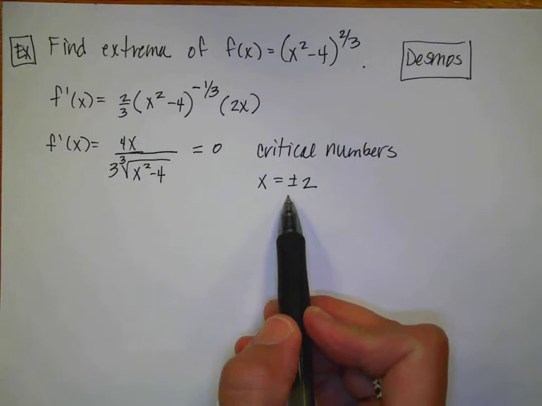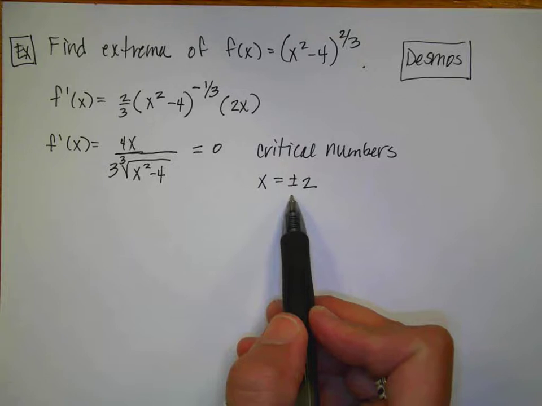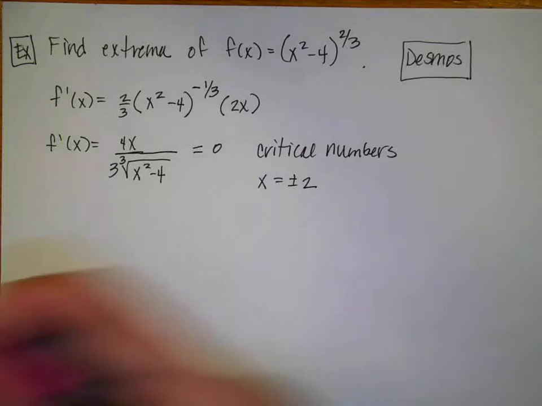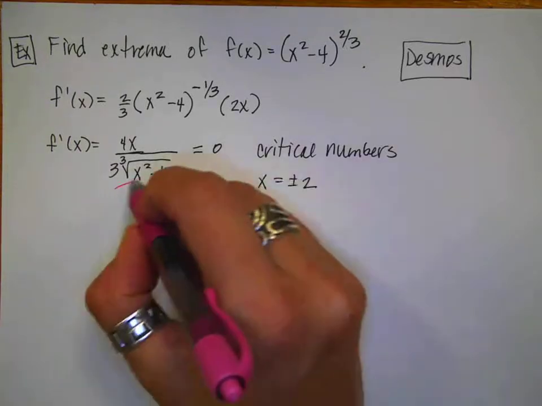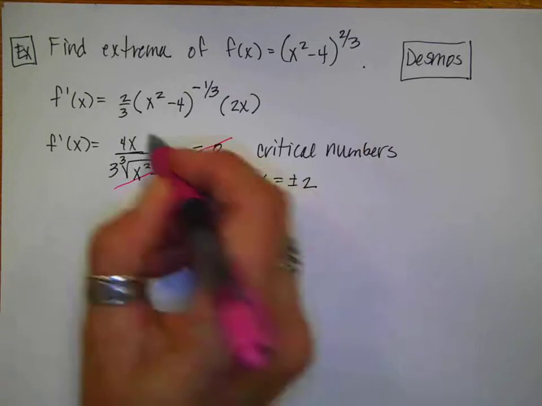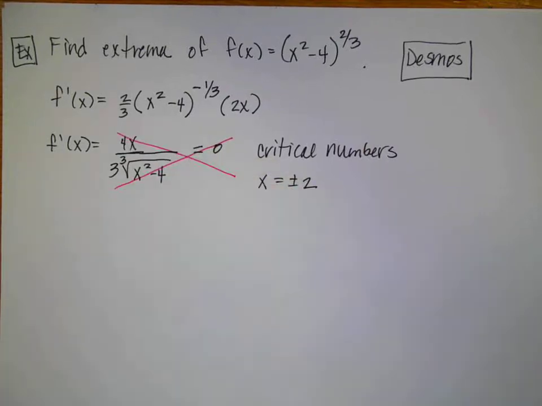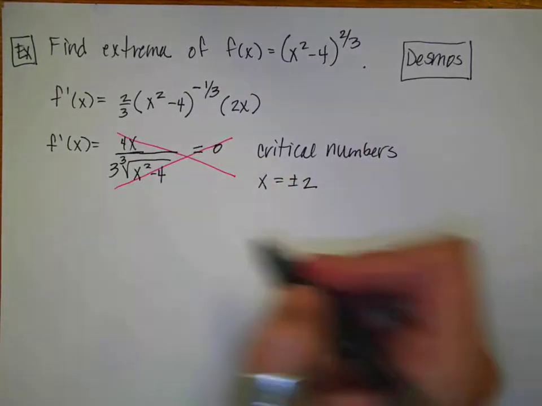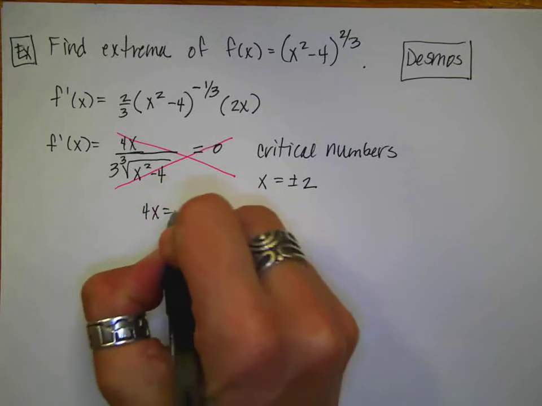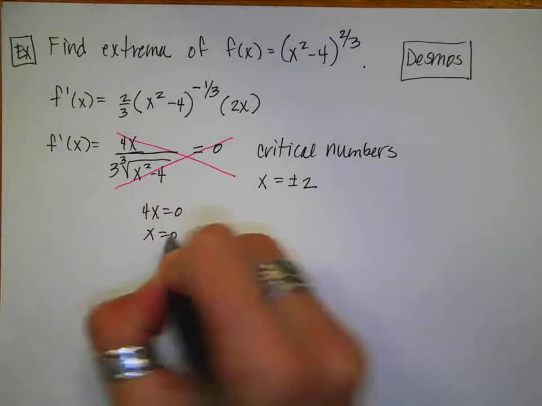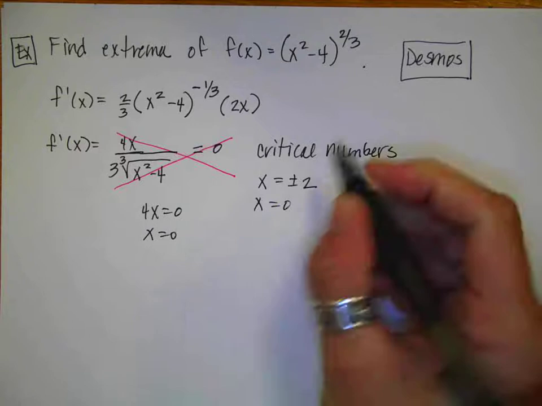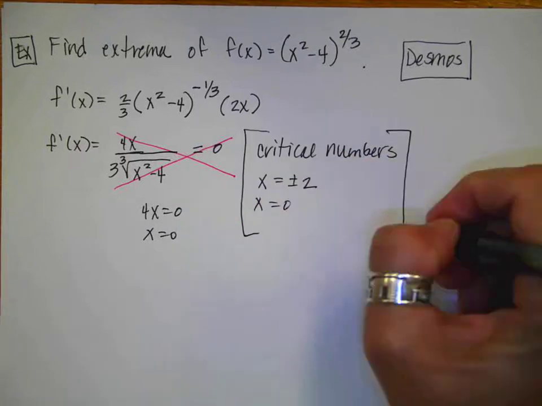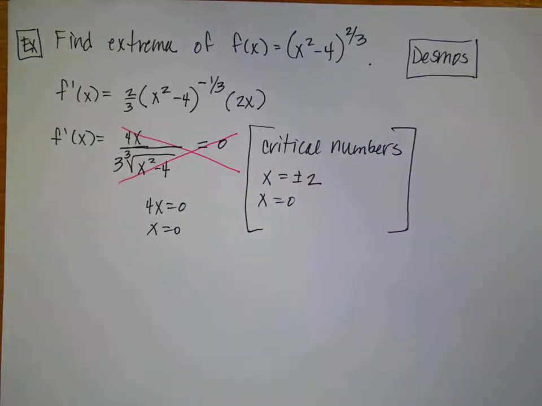So our points of discontinuity potentially could become some of our critical numbers. Sorry, brain and mouth aren't working at the same speed. But then if I wanted to solve for x, I would cross multiply, and I'm going to get that 4x is equal to 0, so x is 0. So these are going to be my critical numbers.